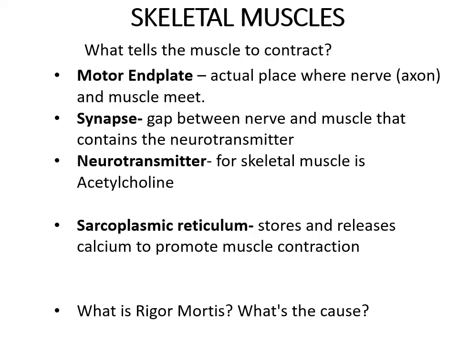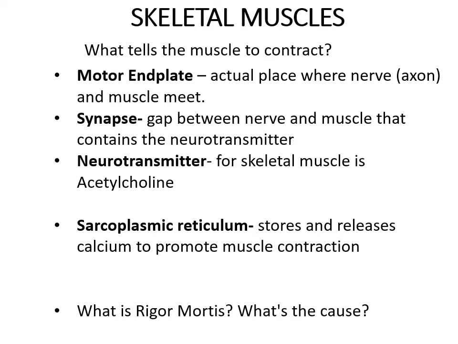So it goes nerve, synapse, which is the gap between the nerve and the muscle, where acetylcholine is released from the end of the nerve and then attaches to acetylcholine receptors on the muscles themselves. Okay, and then with that stimulation, the muscle contracts.